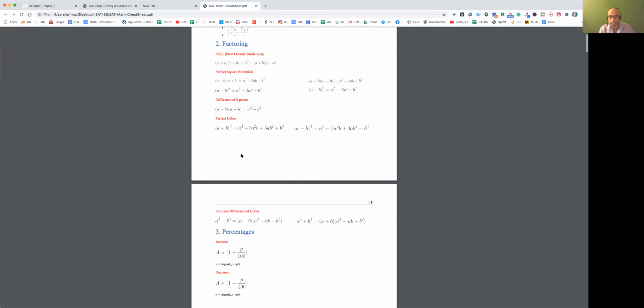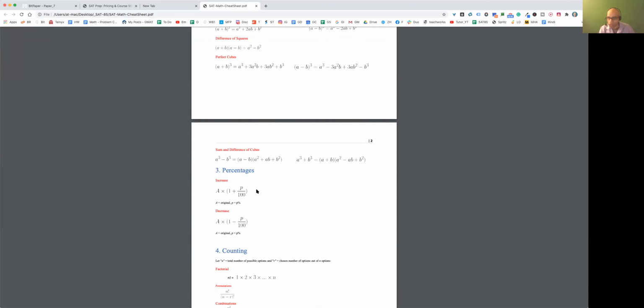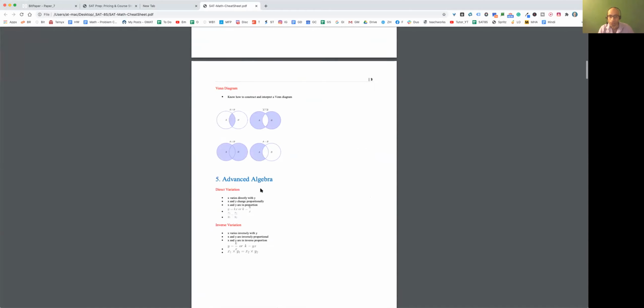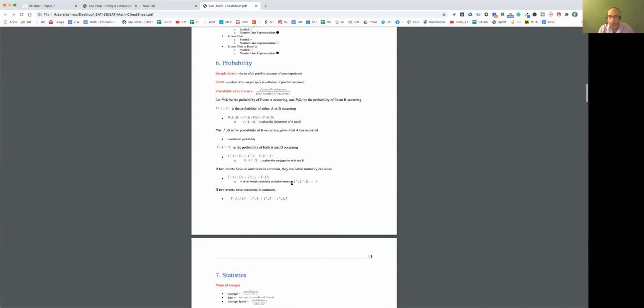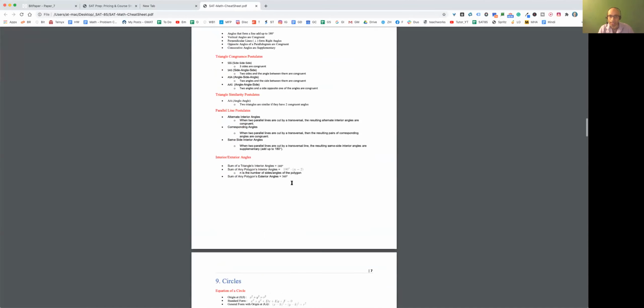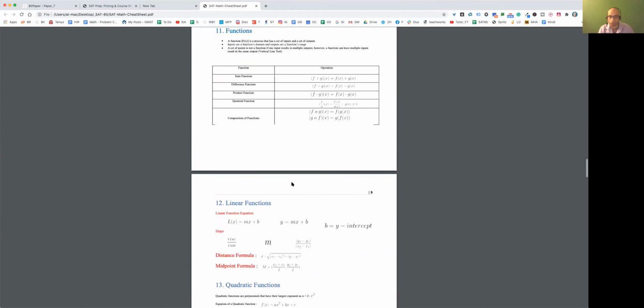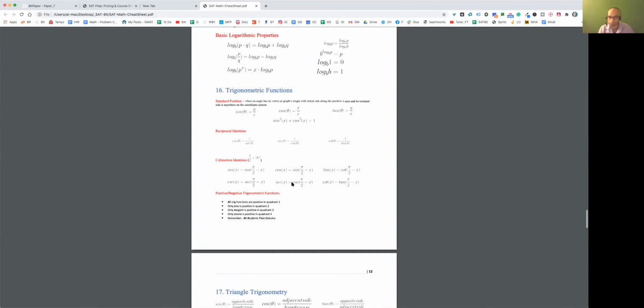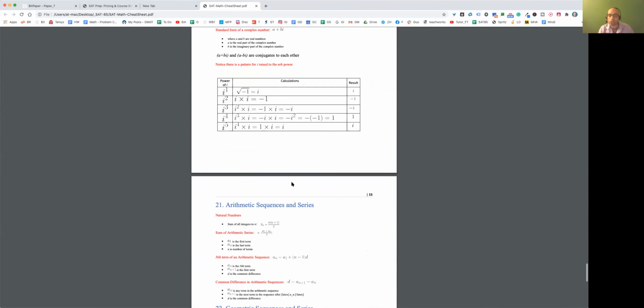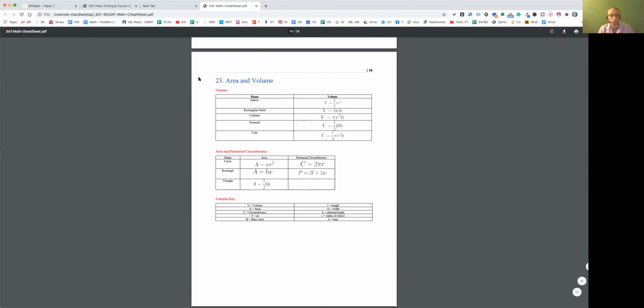Factoring, all of these. How do you factor stuff, right? Percentages, advanced algebra, all of these ideas, statistics, angles, geometry, all of this stuff is all over here. It's going to be sent to you, and then you can keep trying these problems. It's going to be helpful.